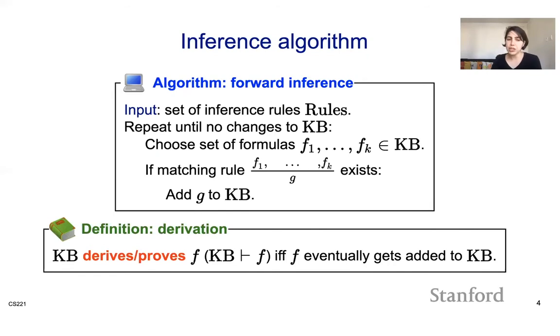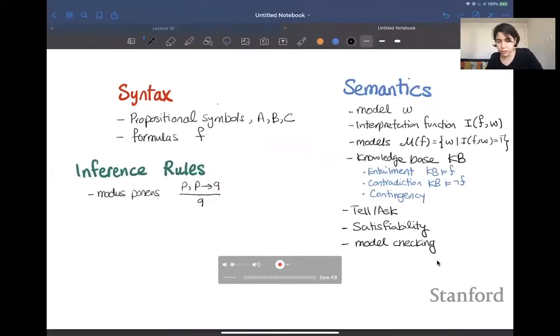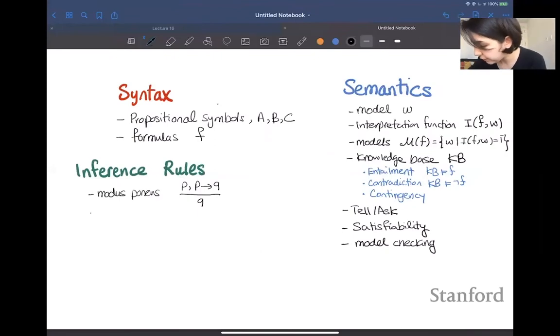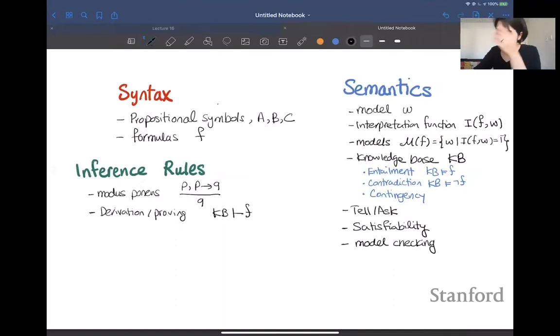And one other definition here is this idea of derivation and proving. What we say is that a knowledge base proves or derives a formula F if and only if F eventually gets added to the knowledge base. So going back to our definitions, we now have a definition of derivation or proving. We're going to say a knowledge base derives F, and we're going to represent that by this one-line symbol.